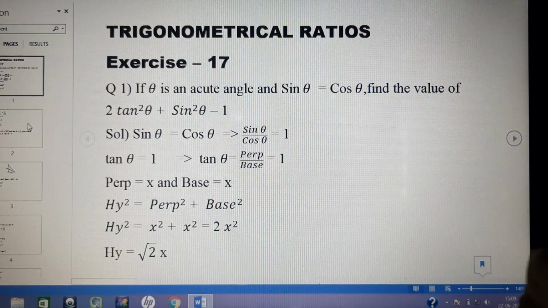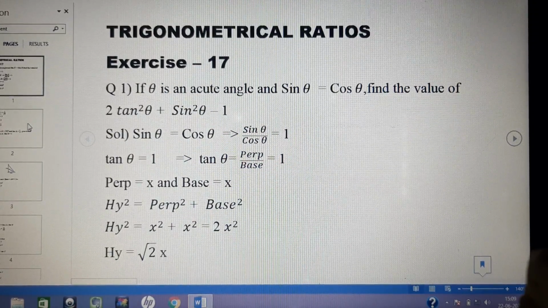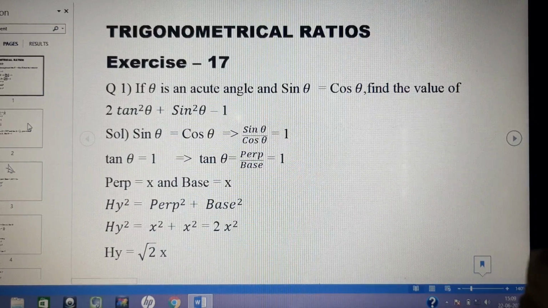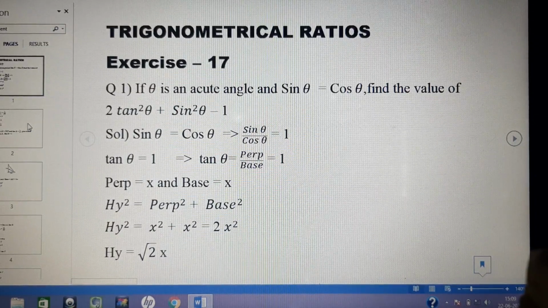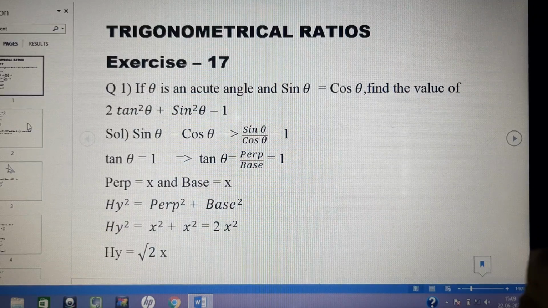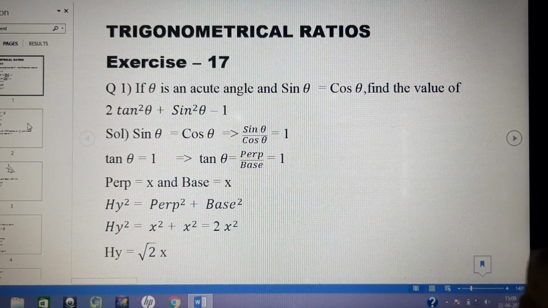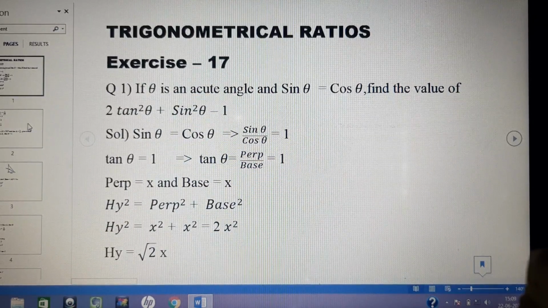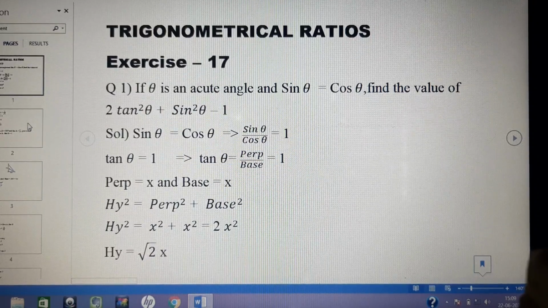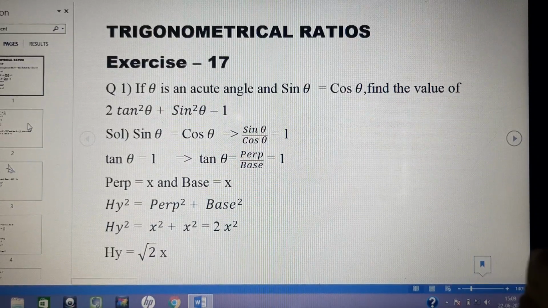Clear? We cannot take perpendicular on our own. It is the acute angle which decides it: the side opposite to the acute angle, which is taken with all these trigonometrical ratios, becomes the perpendicular. Clear? We are going to use all the concepts which we have done in the previous class.